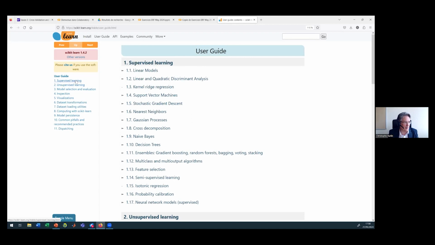For instance, if I consider supervised learning, the linear model, linear and quadratic discriminant, kernel, support vector machine, these are the types of algorithms that I can use to make a supervised learning. And the algorithms that will interest us are the decision trees.